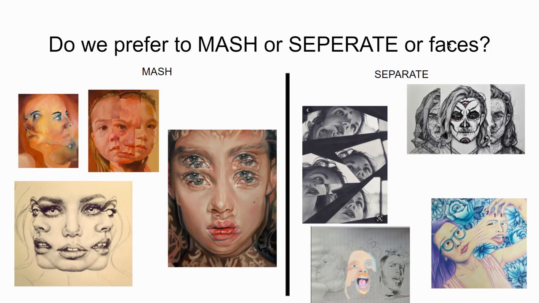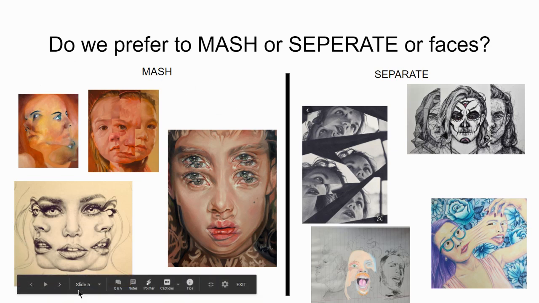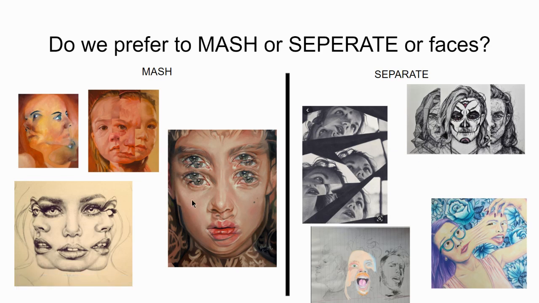So let's start here. We need to decide if we prefer the method where they're mashing their face up or they're keeping it separate. When we're looking at these, it's really important we're not looking at the talent of the artist. We're looking at the idea that they're showing. Are we really interested in the idea of drawing four eyes kind of all together to show a blur?